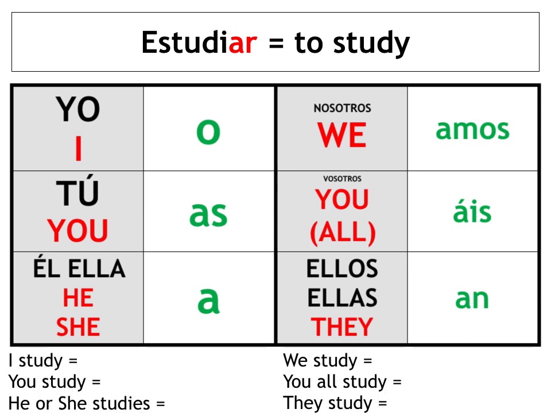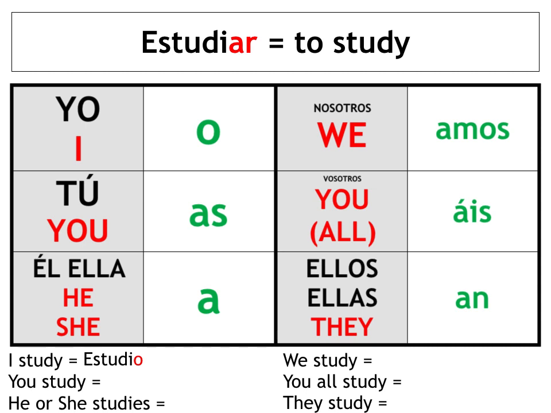Try and conjugate, which means form, the verb estudiar. So write down the Spanish for I study, you study, he or she studies, etc. To get you started, I've done the first one for you. I study is estudio. I've knocked off the AR and I've added the O. Over to you. Pause the recording.